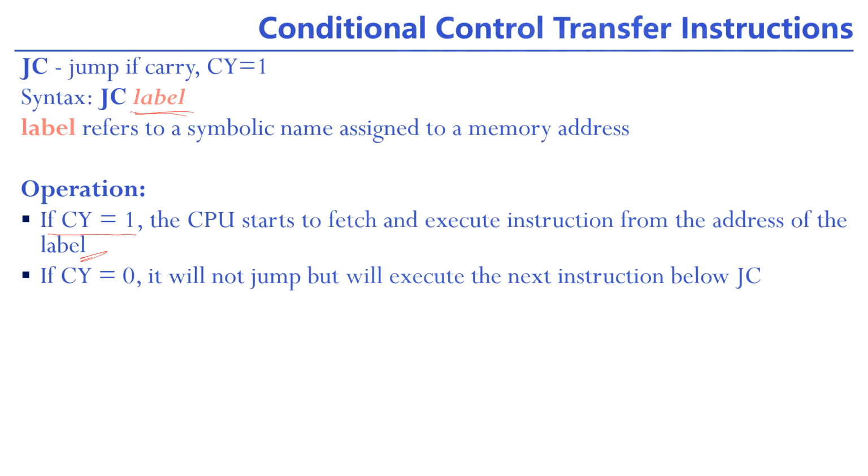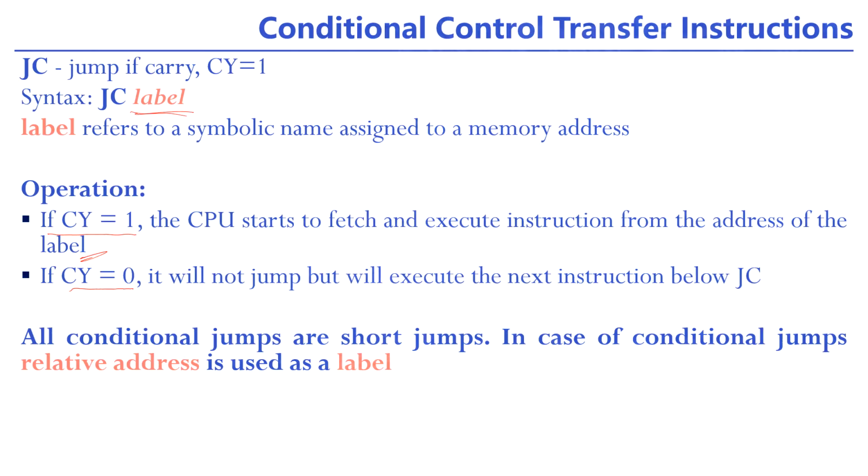If the condition is not met, that means the carry flag is equal to 0, it will not jump, but will execute the instruction below the JC. That means the instruction immediately after the JC instruction will be executed. All conditional jumps are short jumps only.